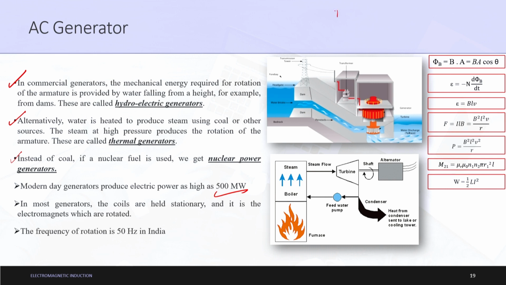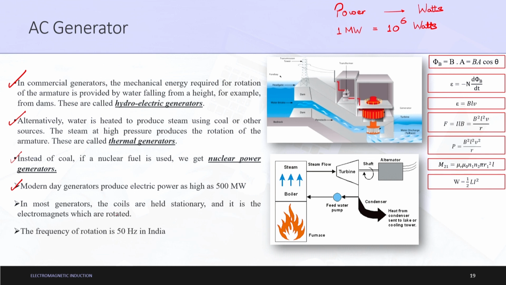So, power is denoted in watts. 1 megawatt is equal to 10 to the power 6 watts. So, modern day generators produce electric power as high as 500 megawatts.